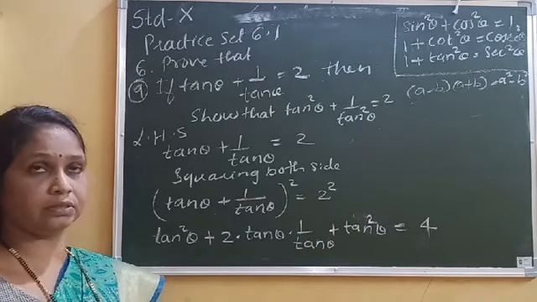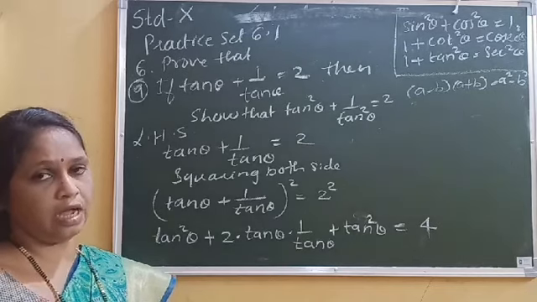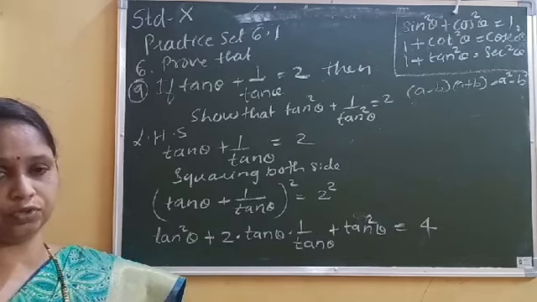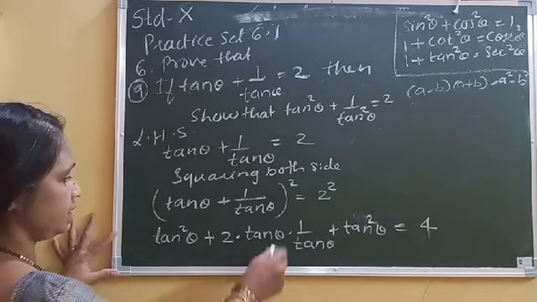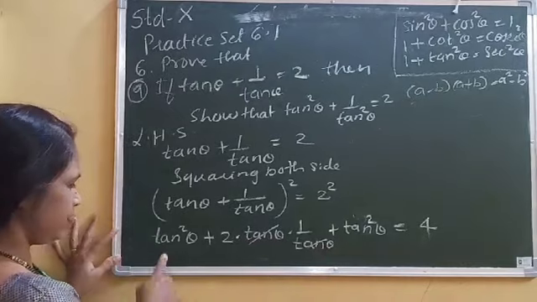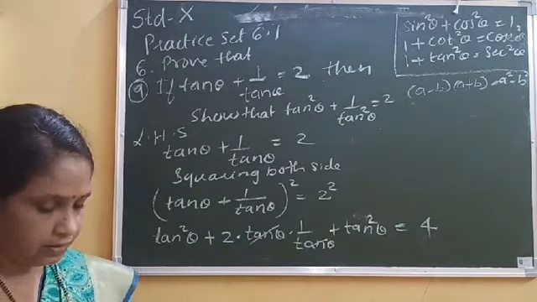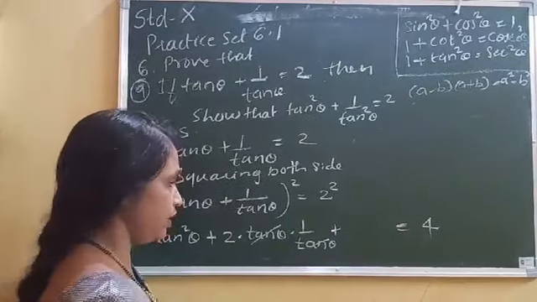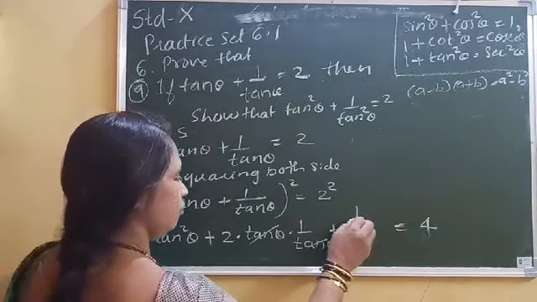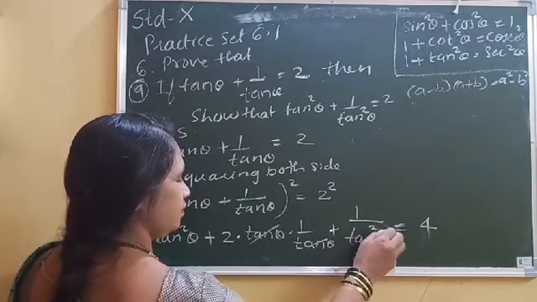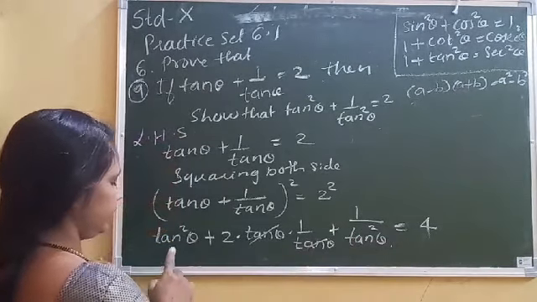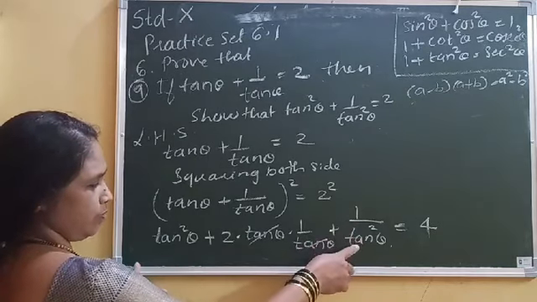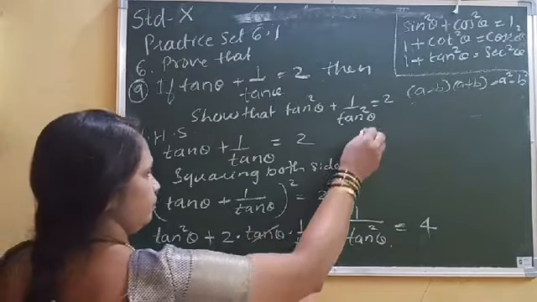All these proofs are based on the identities. If you know the identities properly, it will be easy for you to solve the examples. Now see here, this tan will get cancelled. What remains? See here, this is 1 upon tan square theta. Okay, this tan will get cancelled. What remains? Tan square theta plus 1 upon tan square theta plus 2.